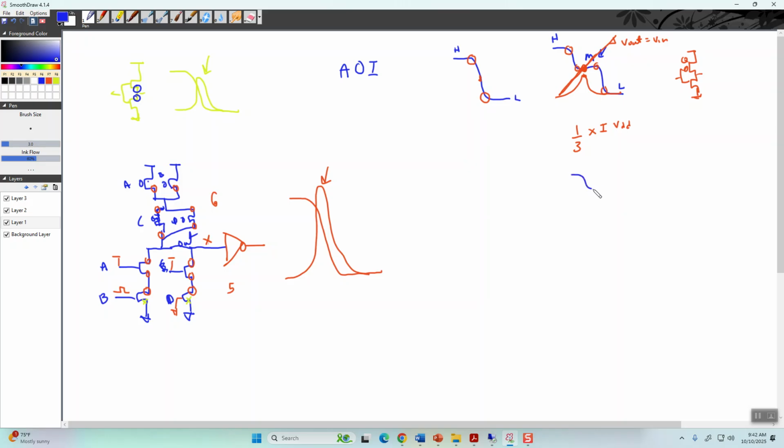If we go to 4 states, 1, 2, 3, 4. Okay, I'm drawing that wrong.